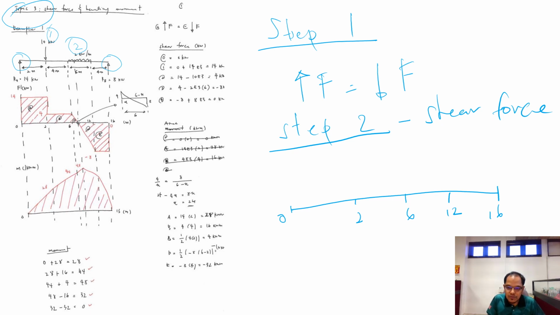So now we're going to calculate the shear force. So at 0 meter, what is the shear force? Shear force at 0 meter is RA, yeah, 14 kilo Newton. So we plot here.